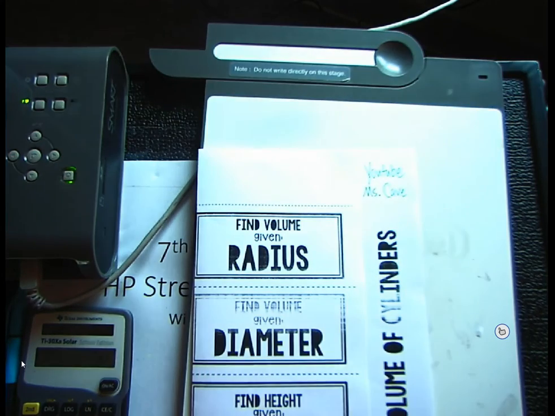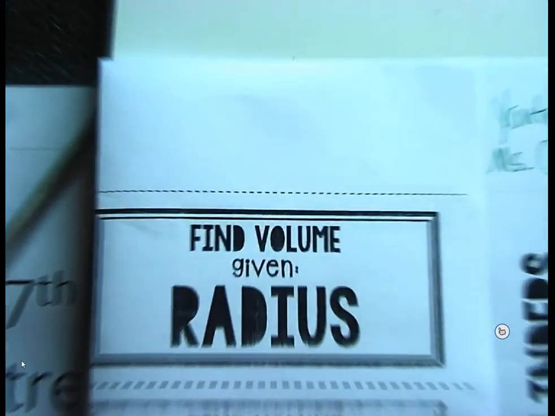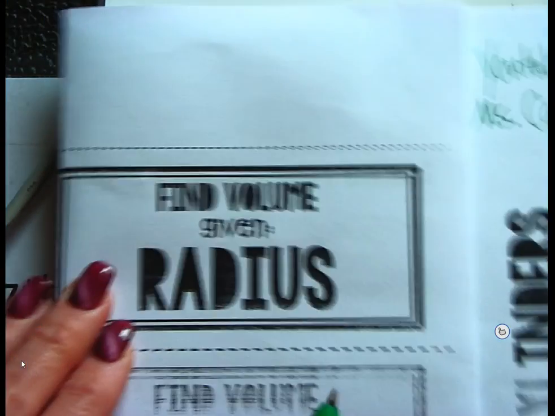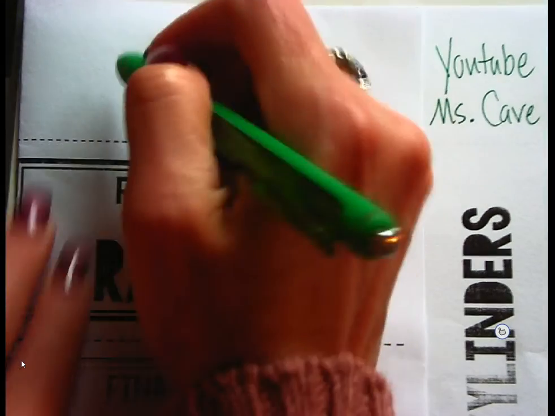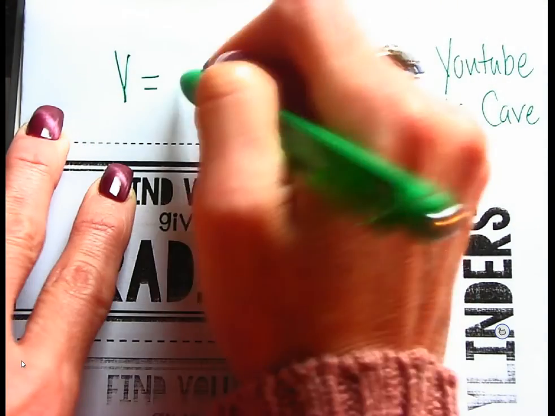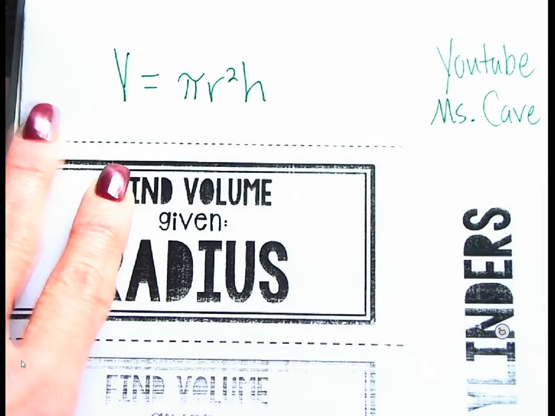So we're going to write the volume formula at the top of this paper. Volume of a cylinder is calculated: volume is equal to pi r squared times height. That's our formula.